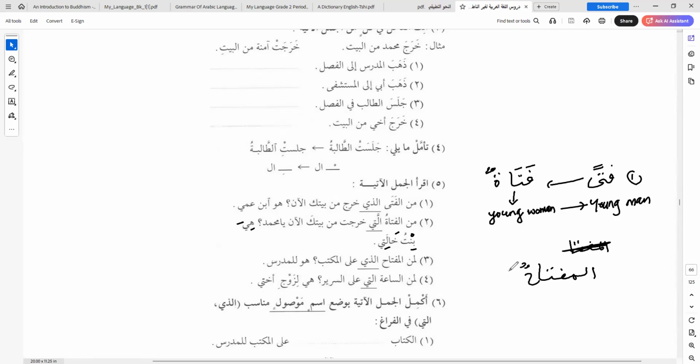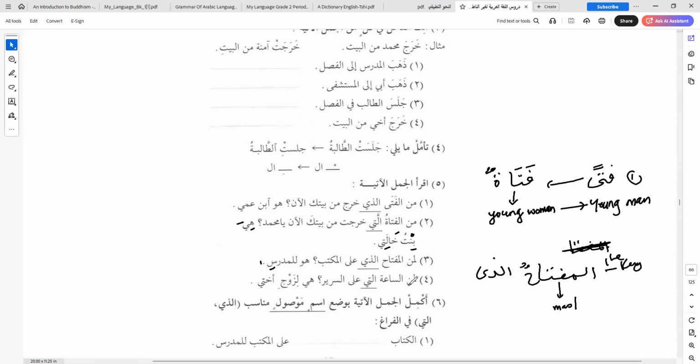So basically, we have to say al-miftahul ladhi, because miftah is considered masculine and is singular. So we have to say liman al-miftahul ladhi al-maktab. Right here, you want to know who the key belongs to. And then huwa lil mudarrisi. It belongs to the teacher.